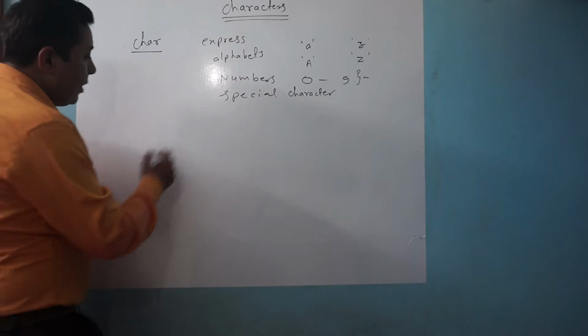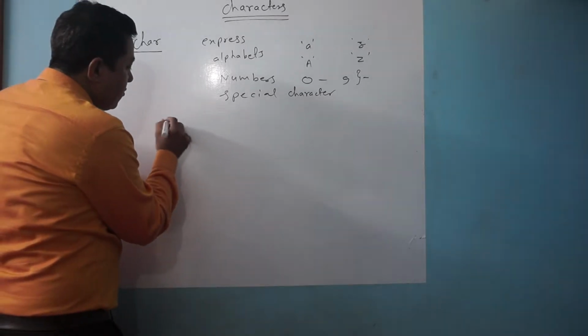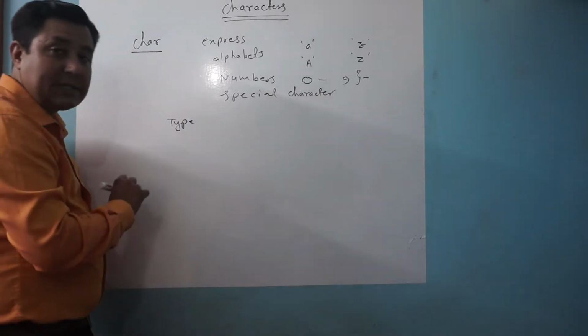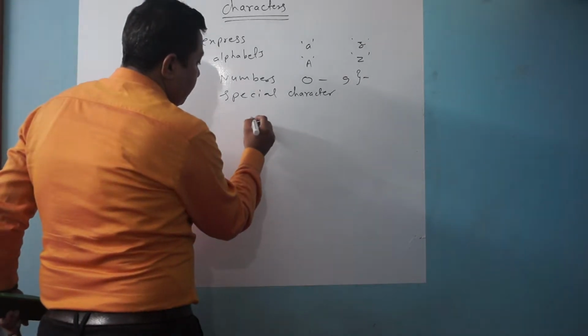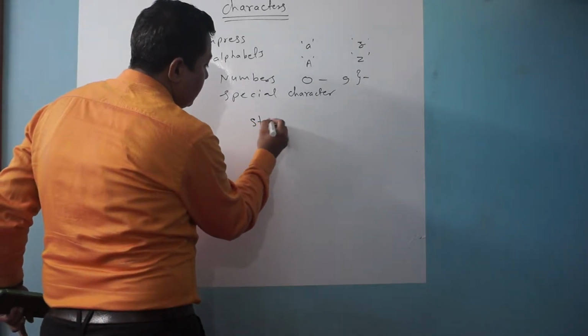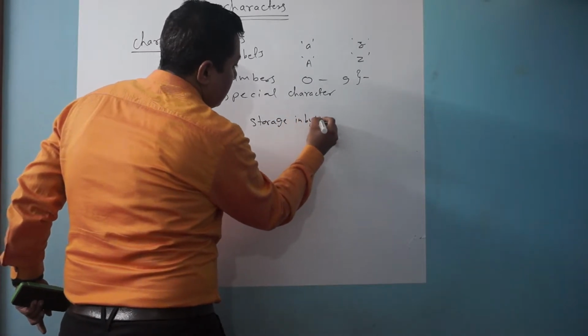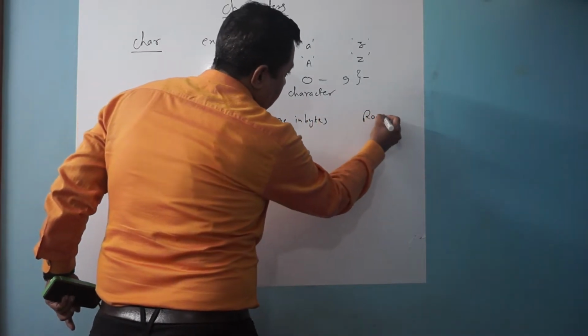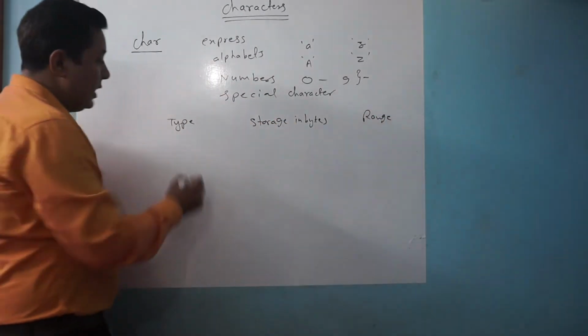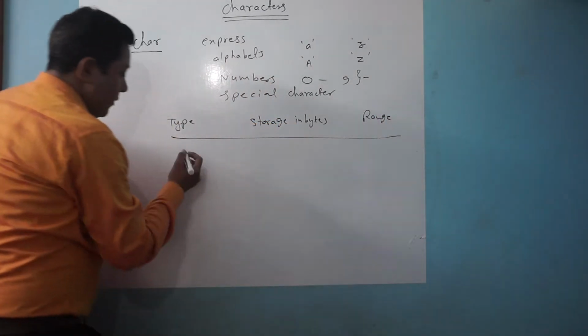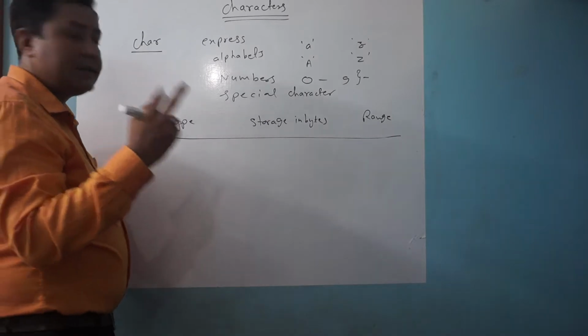If I am talking about the types of characters, the storage in bytes and the range of values, then we have two kinds of characters here.